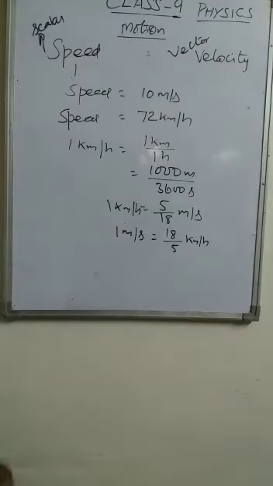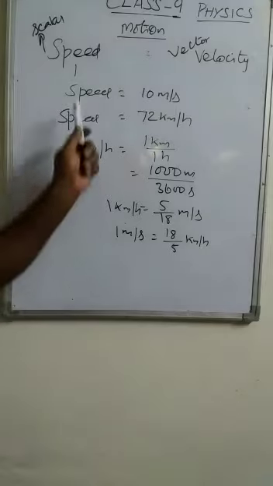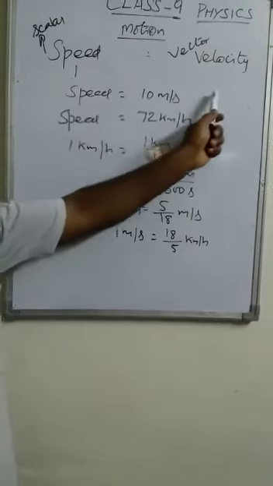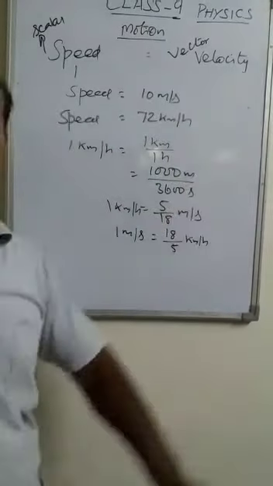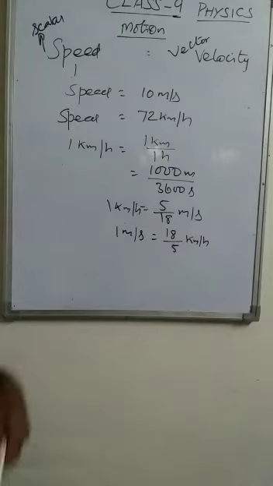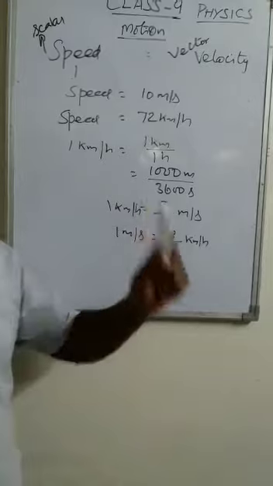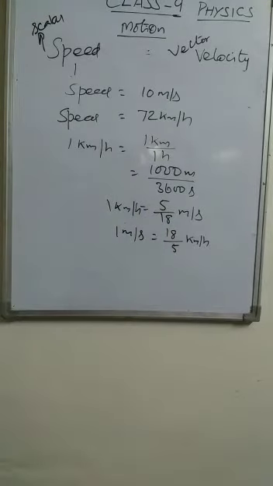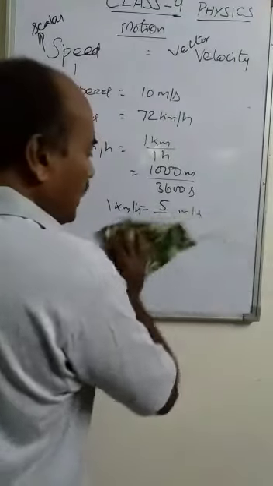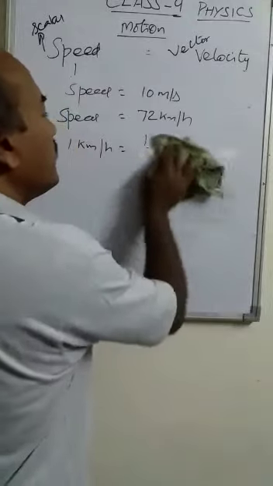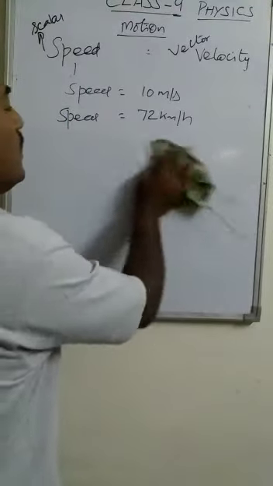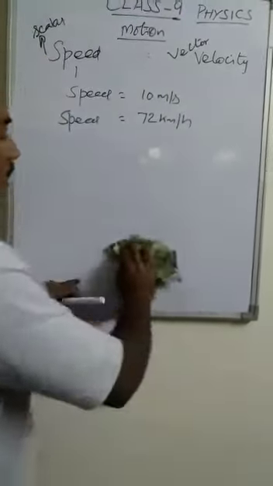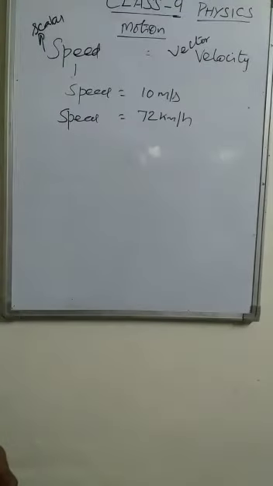Now, to calculate the speed and the velocity, here we are writing the speed is 10 meter per second, speed is 72 kilometer per hour. If we write the velocity of an object, the direction of motion has to be considered. Then the direction must be mentioned.